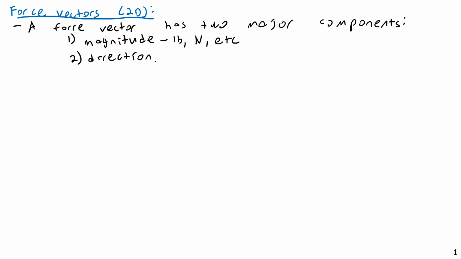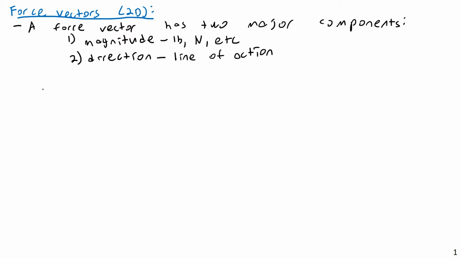That can be indicated in polar form, rectangular form, by angles, or whatever method you're using. The direction we refer to as the line of action. So, let us see how to apply force vectors to static equilibrium. That's what I really want to look at today, and in particular in this video for 2D systems.